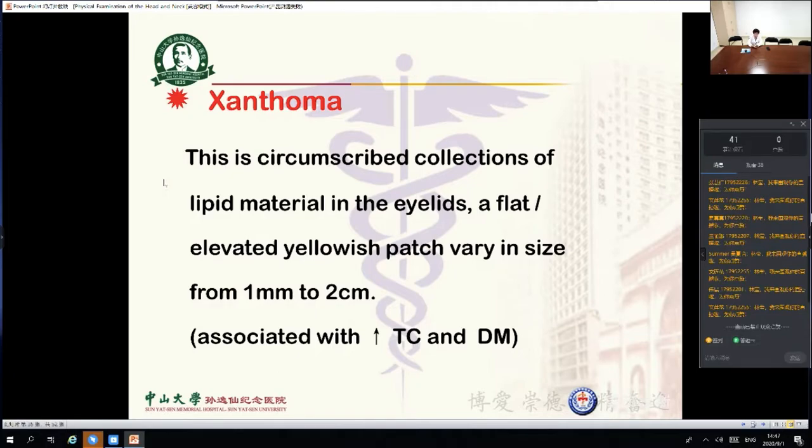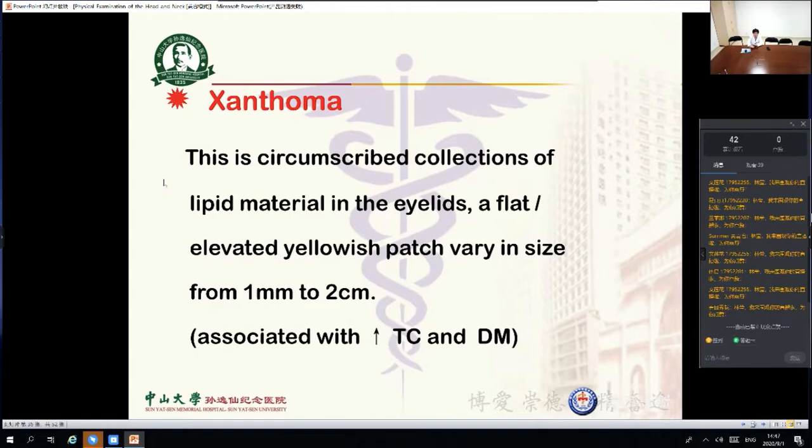It could be flat or elevated, and a yellowish patch varying in size from 1 millimeter to 2 centimeters. Could be very small, or could be to a certain extent like 2 cm. This is associated with increased level of total cholesterol, or the patient suffering diabetes mellitus.